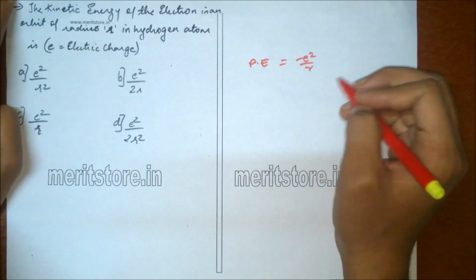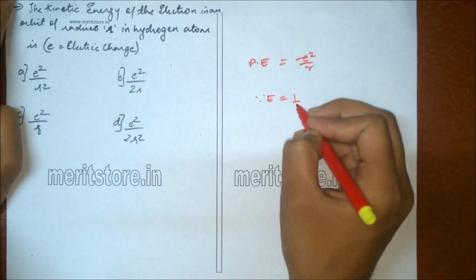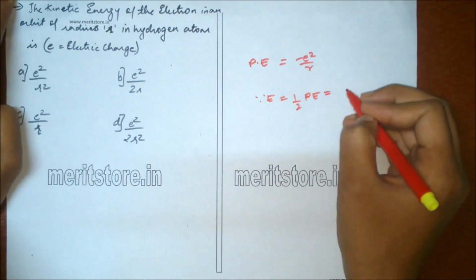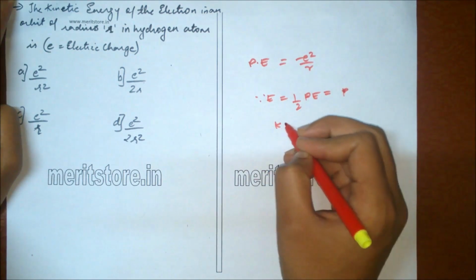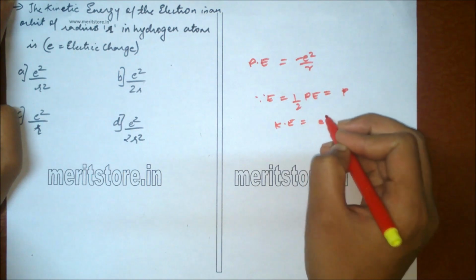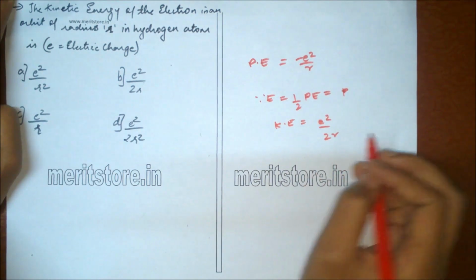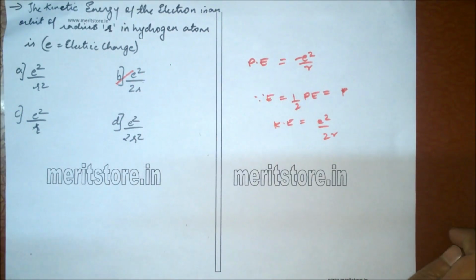This is in CGS. Since kinetic energy is equal to half into potential energy, kinetic energy is equal to E square upon 2r. So E square upon 2r is our kinetic energy.